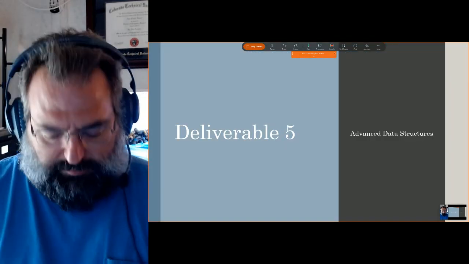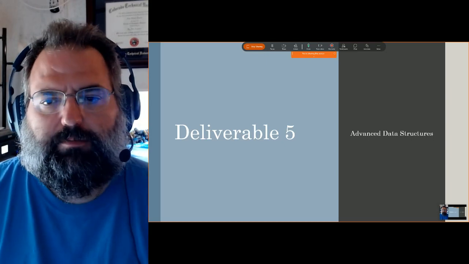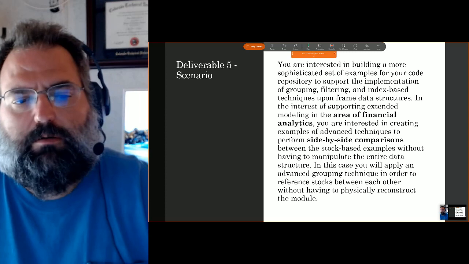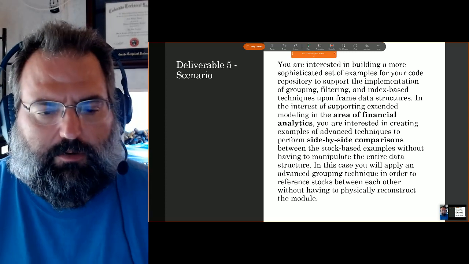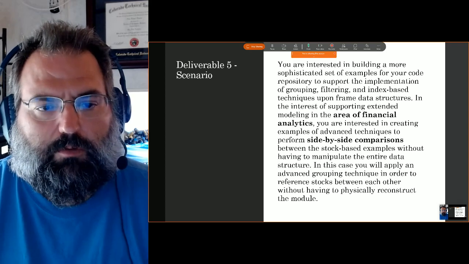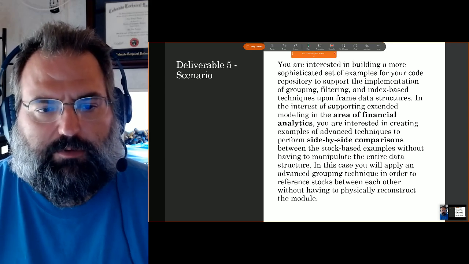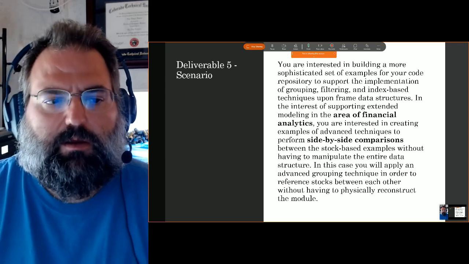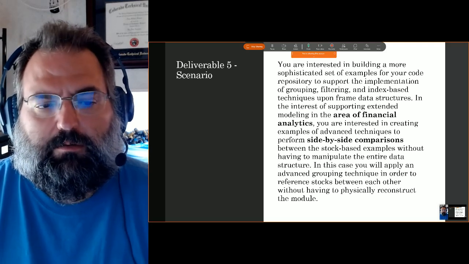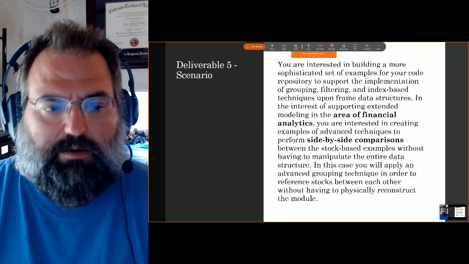Moving into discussion of deliverable 5. So we're back to you've got your consulting firm that you've started up, and you want to do some more complex examples in your code repository, implementing grouping, filtering, and index-based techniques on basically tabular data.